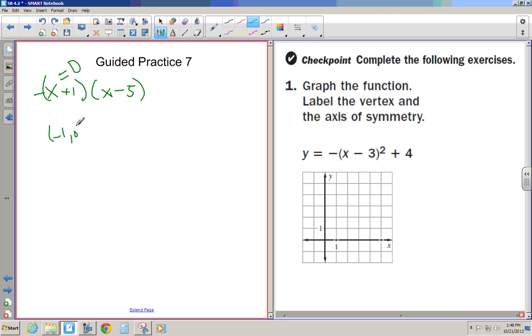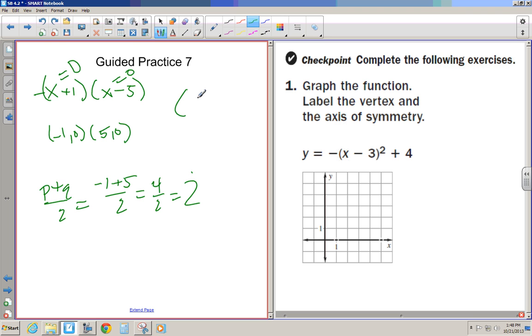Negative 1, 0 is an x-intercept. 5, 0 is an intercept. Now let's find the vertex. So it's negative 1 plus 5 over 2. That's 4 over 2. That's 2.